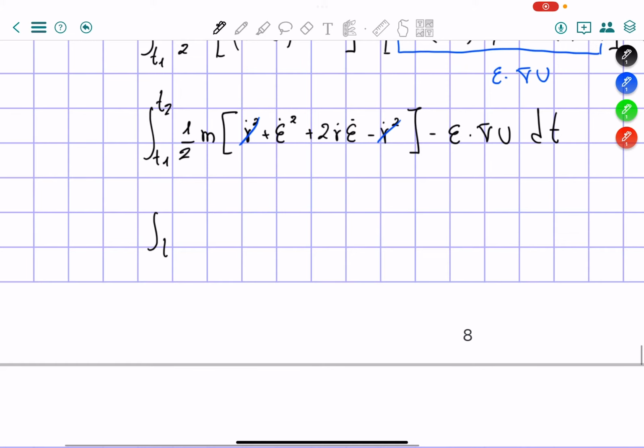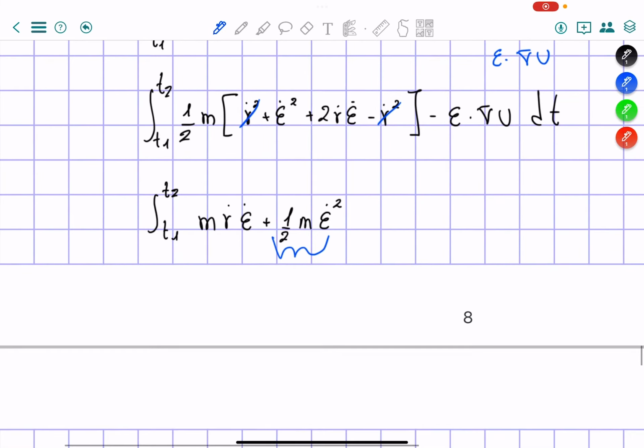it's going to be equal to the integral from t1 to t2 of, we multiply it, so we're going to get m r dot epsilon dot plus, and this is the part that actually the book tries to avoid, it's going to be 1/2 m epsilon dot squared, that the book actually calls O of epsilon dot squared.